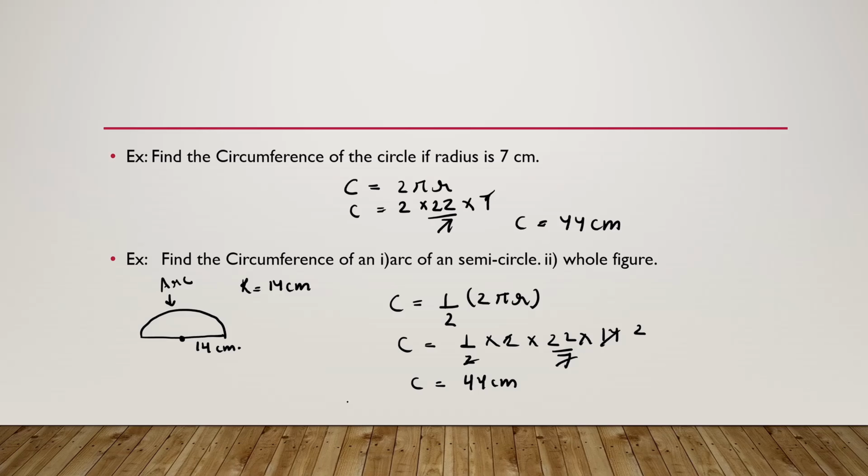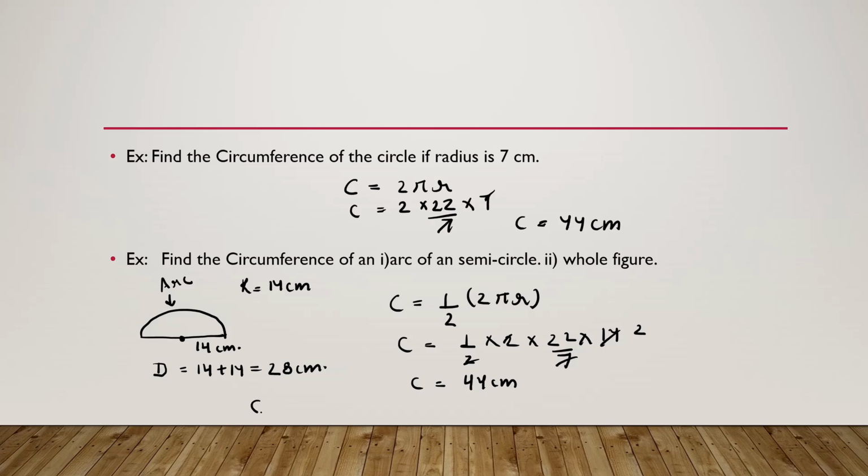Now I have to calculate for the whole figure. Because we already calculated this half, now I want to calculate this diameter. So diameter will be 14 plus 14, that will be 28 centimeter.